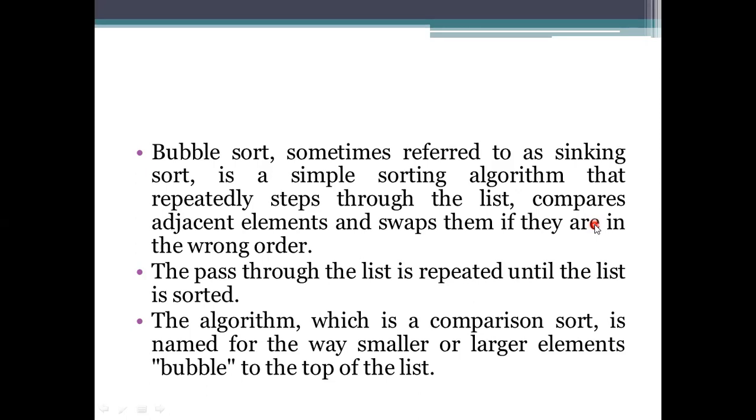Bubble up means they get into their own positions. That's why it is named bubble sort. Whether it is the smaller or the larger elements, comparison is taken for the processing and sorting. While comparing and sorting, the smaller or larger elements bubble up to the surface.